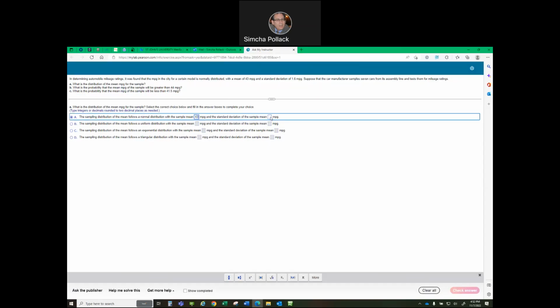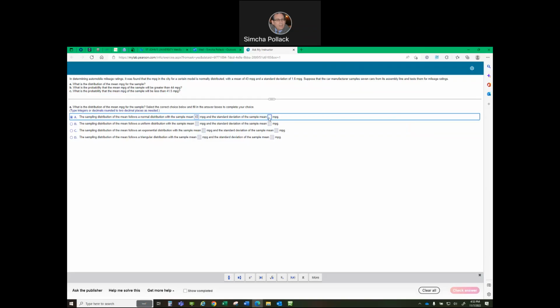The only thing is the standard deviation of the sample mean, which is another way of saying how much the averages bounce around, how much they deviate from that ideal 43, is equal to the original standard deviation divided by the square root of the sample size.